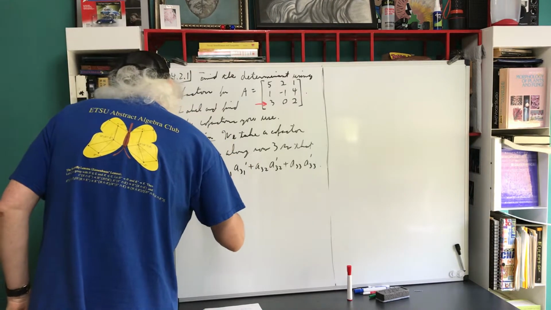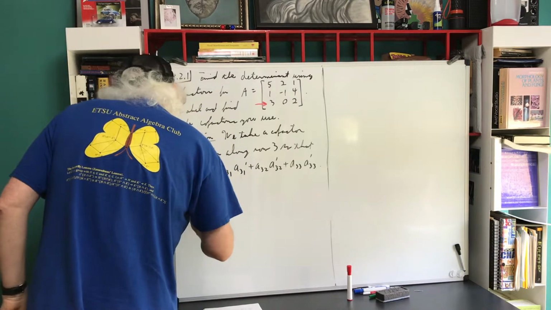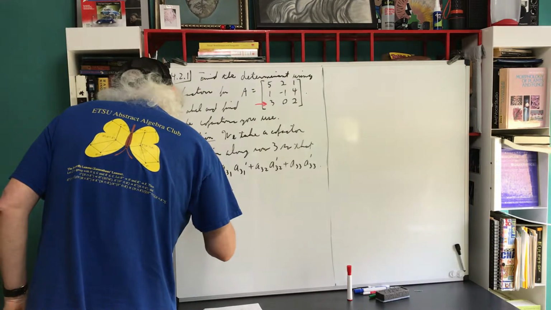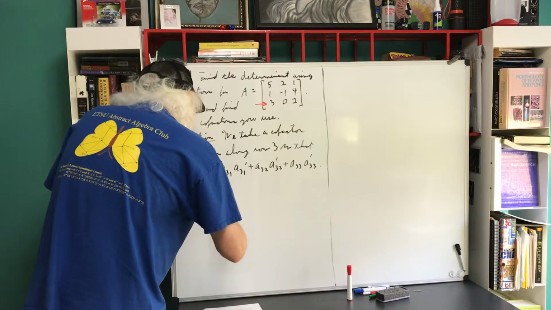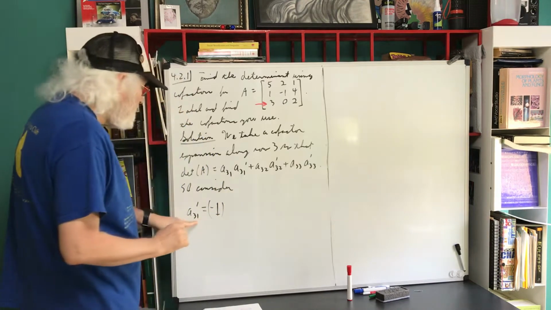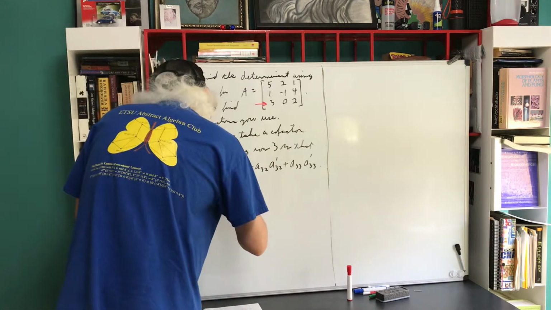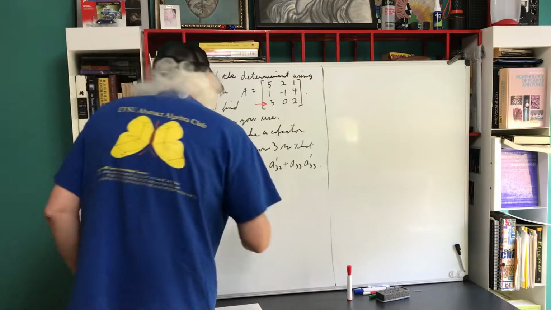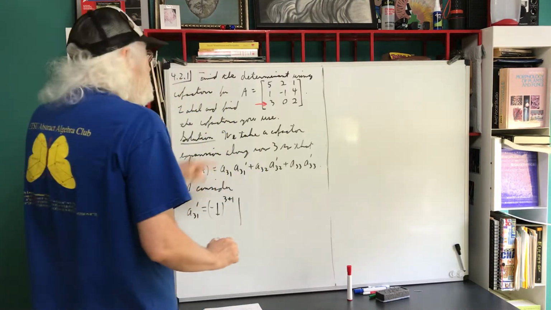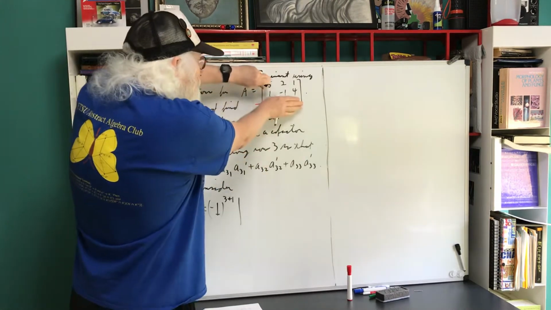So we'll consider cofactor A31 prime. Okay, that was by definition -1 to the 3 plus 1 power. There's your alternating positive negative sign times the determinant of the associated minor matrix. We'll go to the 3-1 entry, eliminate the row and column.